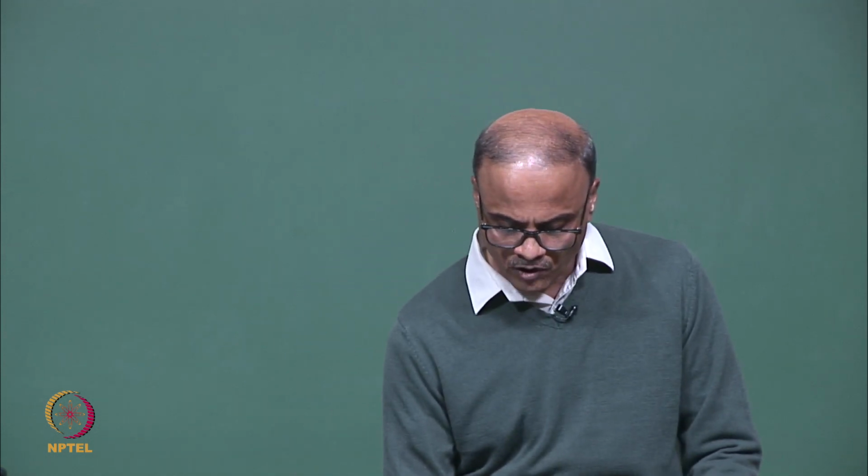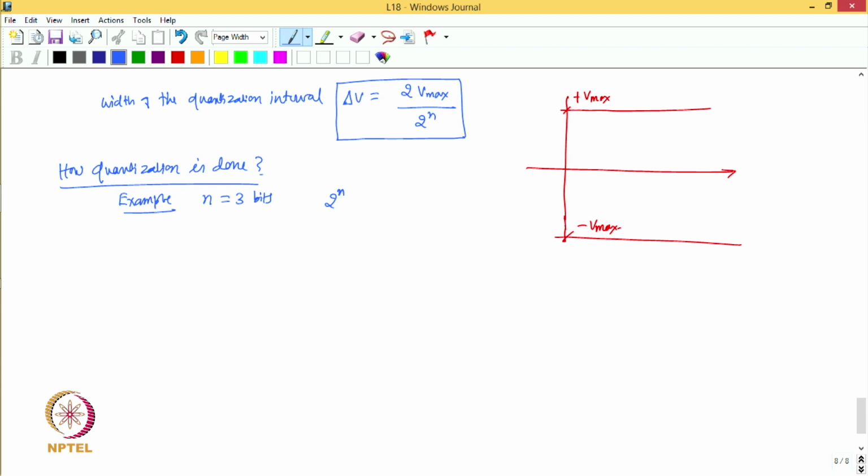In that case the number of intervals, 2 to the power n, would be 8. There would be 8 intervals. Let us try to sketch a figure to see how quantization is done. On the x axis let us mark the quantization intervals. There are 8 intervals: 4 on the positive voltage side and 4 on the negative voltage side.